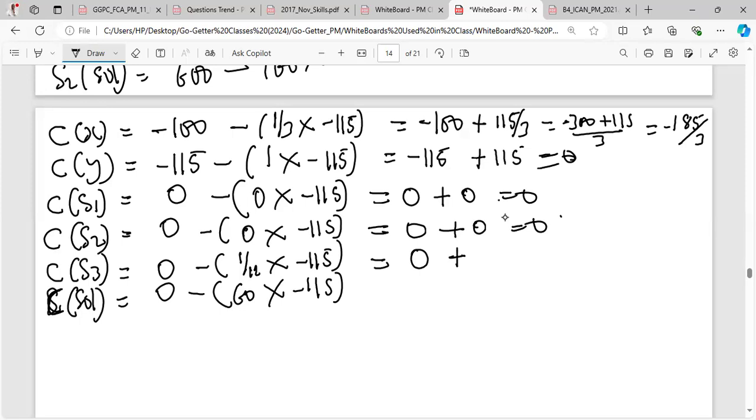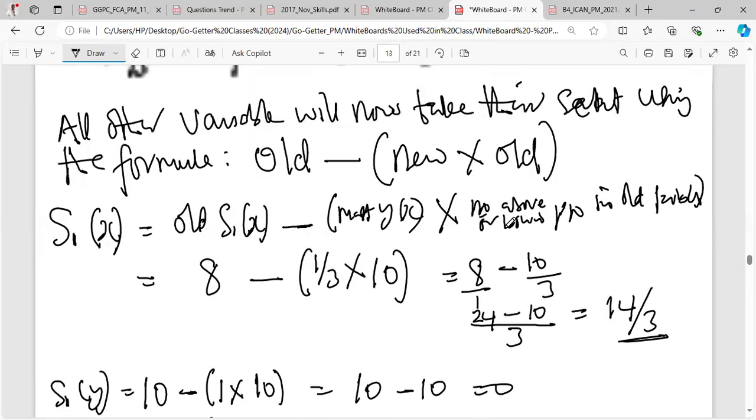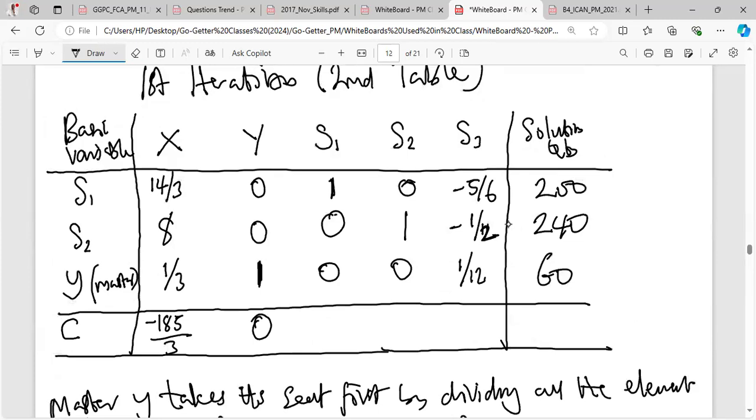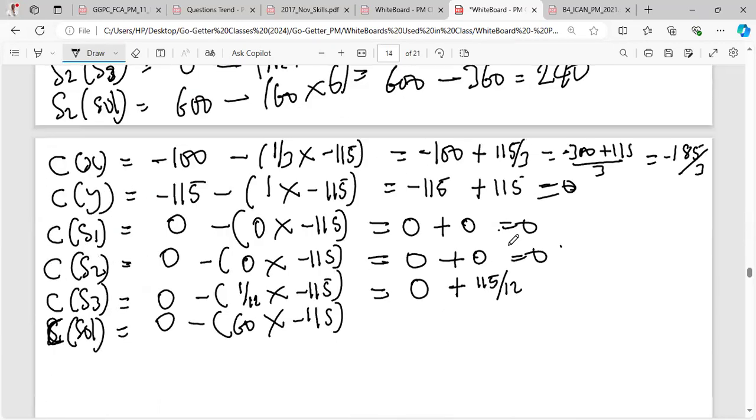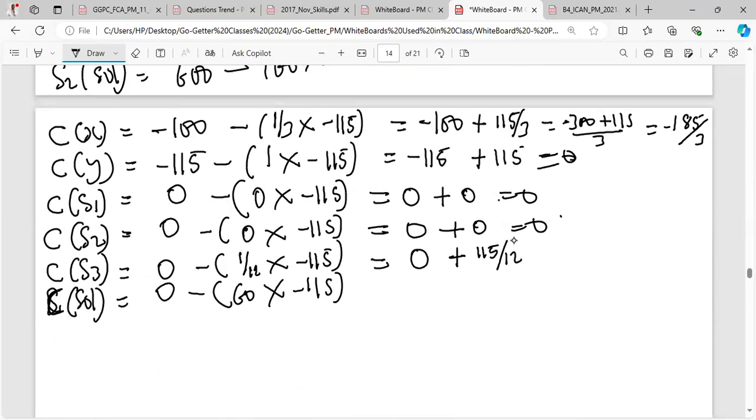This is 0, minus minus gives me a plus. Now this is going to give me 115 over 12. Let me go and write it down. 0, 0, 115 over 12. Then what is going to happen in the next one here? This is going to be 0, minus minus gives me plus.